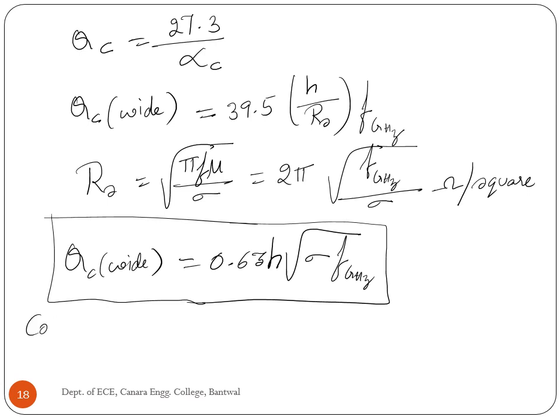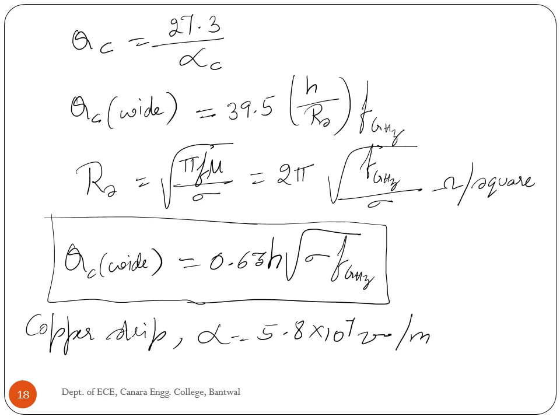For a copper strip, sigma is equal to 5.8 into 10 to the power 7 mho per meter. Then quality factor for copper strip is equal to 4780 into h root of frequency in gigahertz.